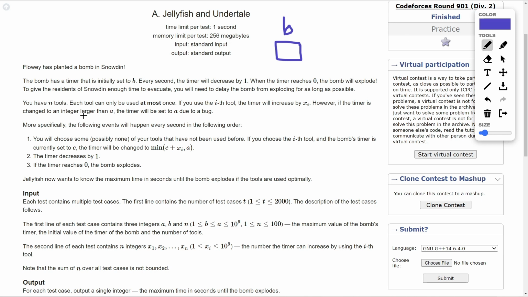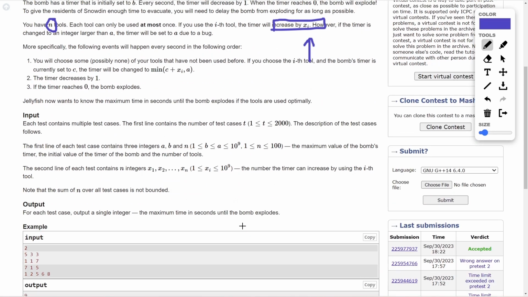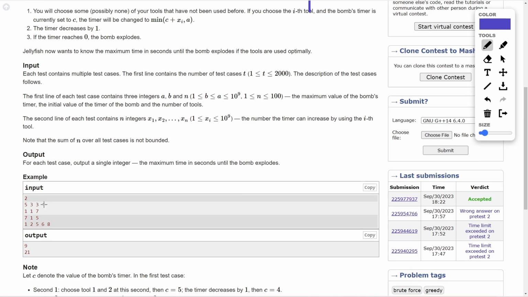But we have a catch here: we have some n number of tools which we can use, and whenever we use a tool, the bomb timer will increase by a certain value. Let's take this example.